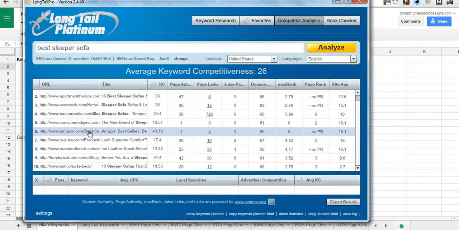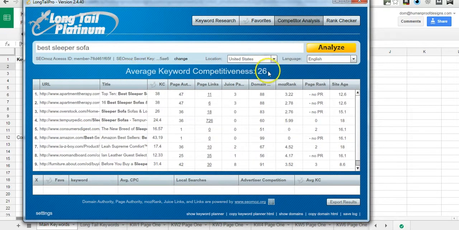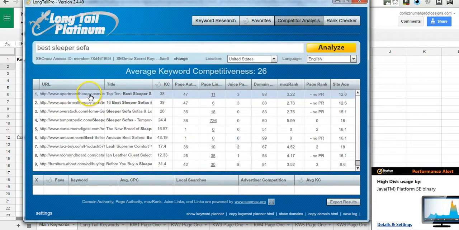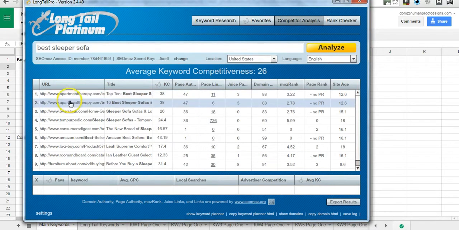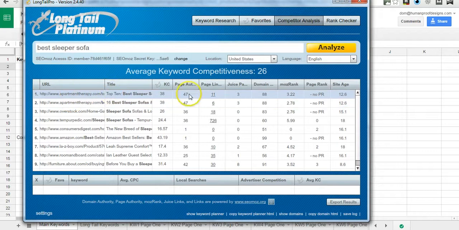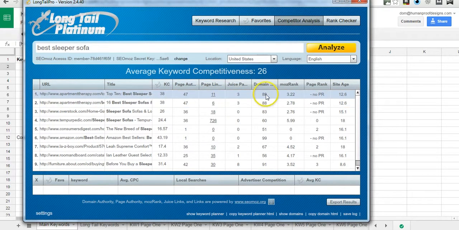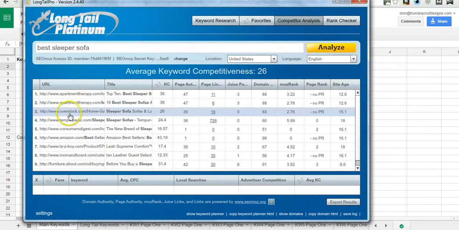Okay, so first off, KC26, good sign. Second, Apartment Therapy is a relevant site because it's about sofas. It's kind of an authority site, but it's not huge, you see. It doesn't have a lot of links going to it. It's got a good domain authority, but it's not that worrisome.